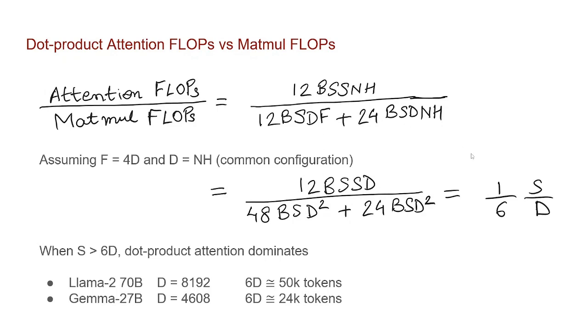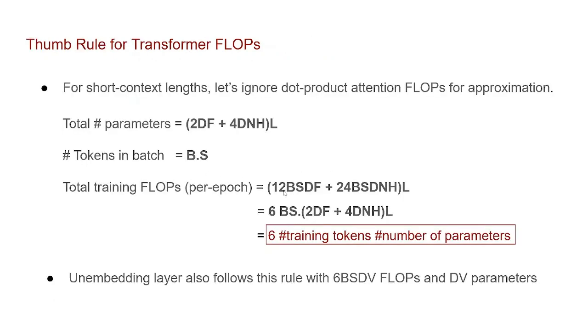So we can rewrite this ratio as S by 6D. And when the sequence length during training becomes greater than 6 times the embedding dimension of the model, the dot product attention starts dominating the matrix multiplication flops. And our previous approximation is no longer very valid.